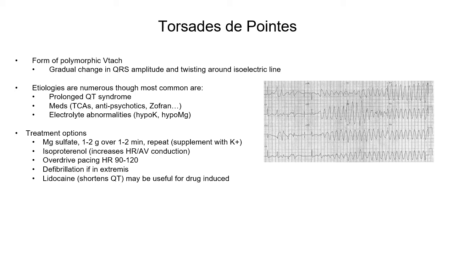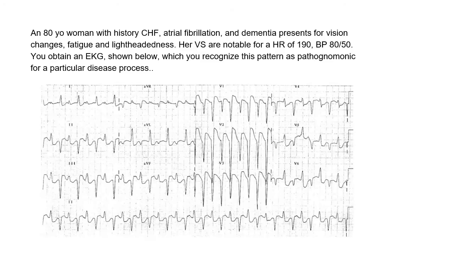Good. Okay, next patient: an 80-year-old woman with a history of congestive heart failure, atrial fibrillation, and dementia presents with vision changes, fatigue, and lightheadedness. Her vital signs are notable for a heart rate of 190 and blood pressure of 80/50. You obtain an EKG, shown below, and you recognize this pattern as pathognomonic for a particular disease process.